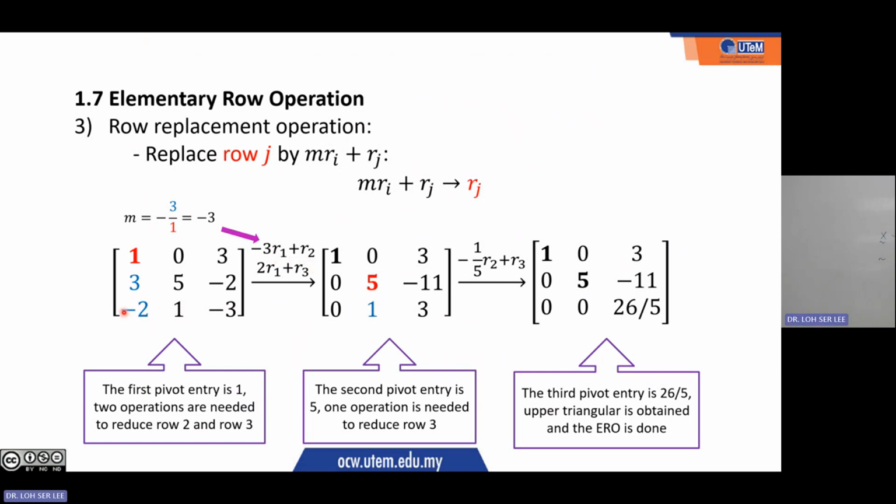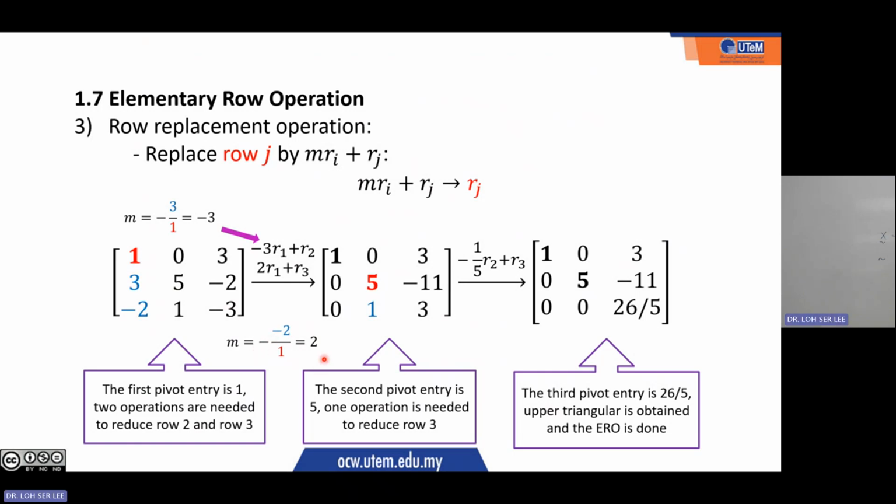Okay, next one, another operation to change this one into 0. So we need to compute M. M again equals a negative fraction value. The pivot stays at the bottom. The value that you are going to change into 0, you put at the top. So minus, you get a plus 2.